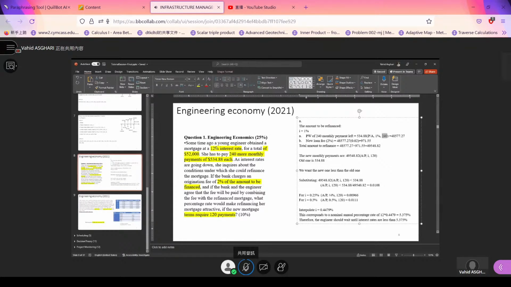And you can also think about it that 12% monthly is unrealistic. No one, 12% monthly is unbelievably huge. So it should be 1% on a monthly basis.